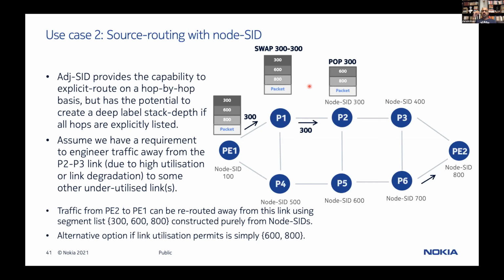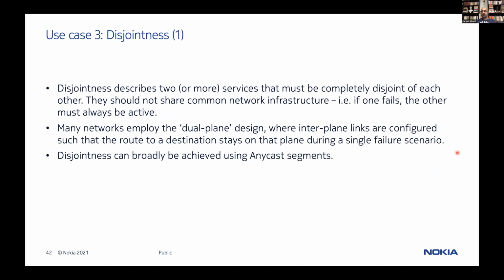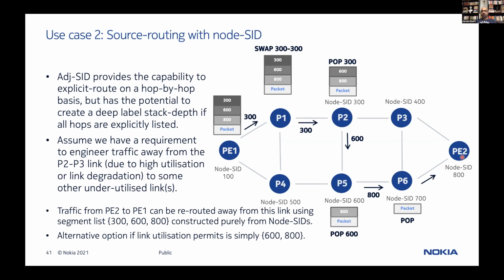It then looks at the top label, which is 600, which happens to be the SID for P5. So it sends it to P5. P5 looks at it and it pops because that belongs to itself. It's left with a packet with a single label of 800. And so it sends it on towards P2. Gets to P6. P6 will do a penultimate hop pop, and then it sends it out to PE2. So that's one way of doing it.